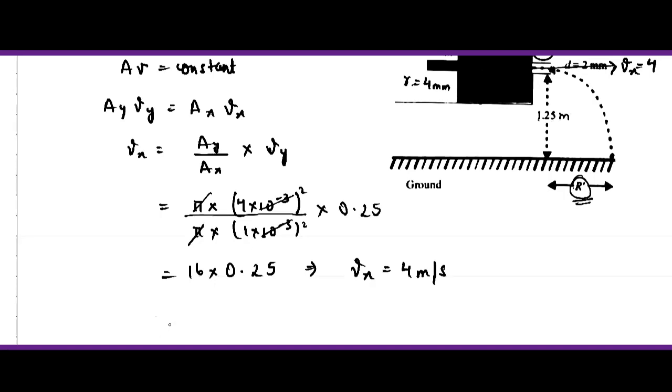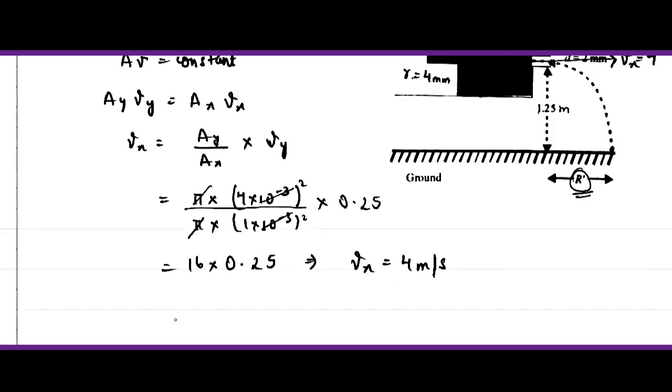So now in the vertical direction, if I apply Newton's second equation of motion, I will get h equals u y t plus half into acceleration, which at this point is due to gravity, g t square, where t is the time taken to cover this vertical distance.